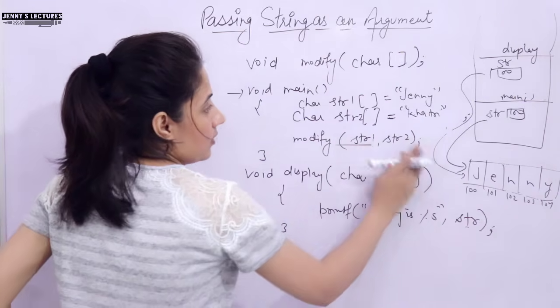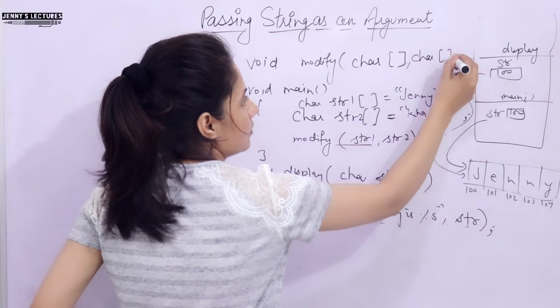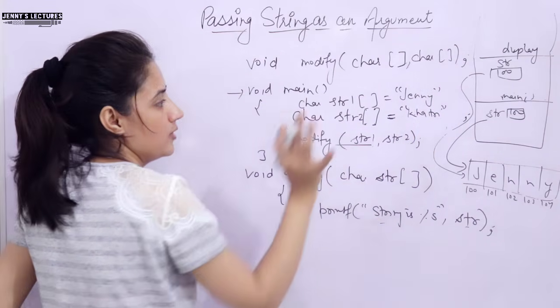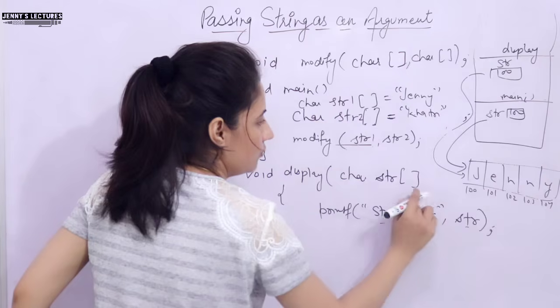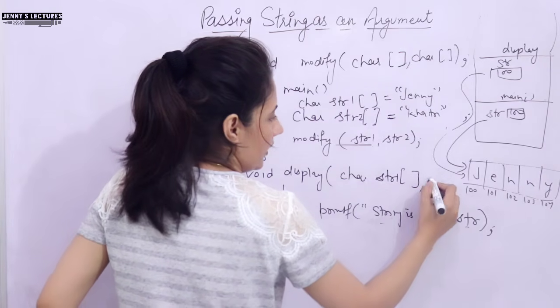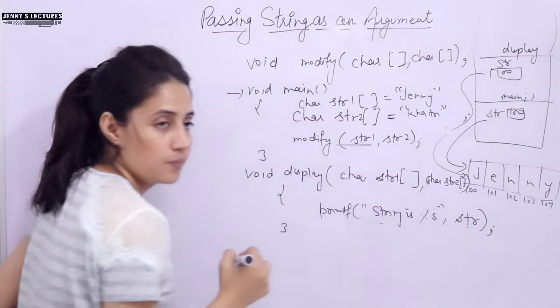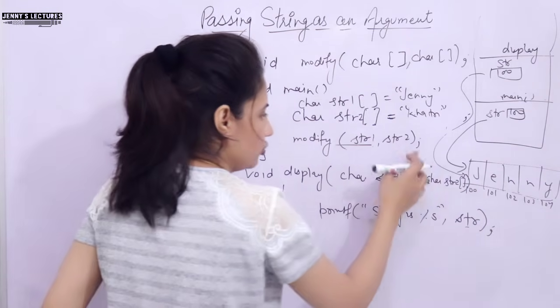So in this declaration also we have to specify that we want to pass two strings. For accepting, we have char str1, and here also char str2. You can take different names also, right?